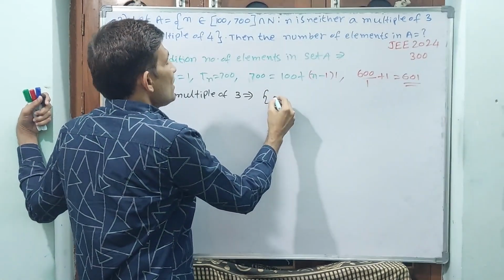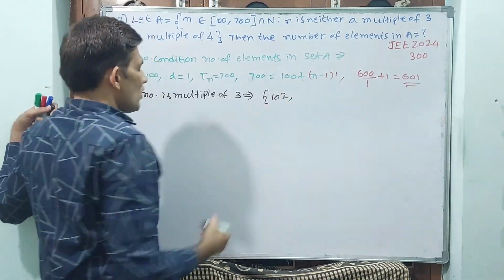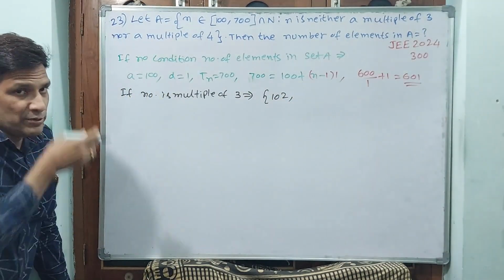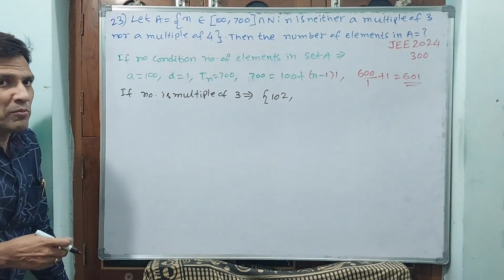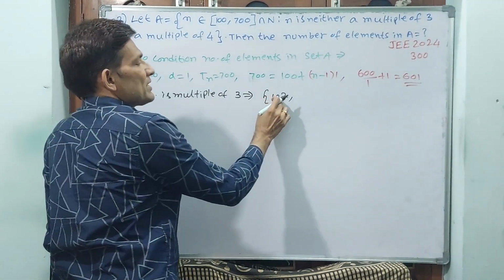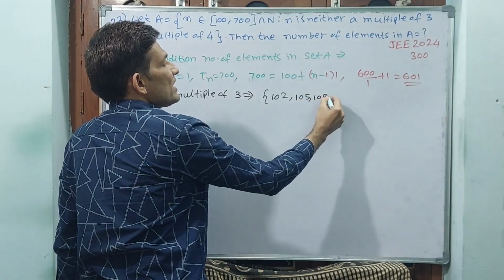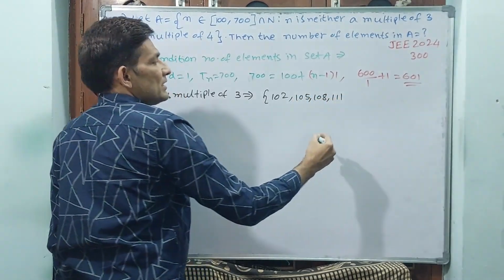Minimum, 102 you have to start. Why? Because 100 is not divisible by 3, 101 is also not divisible by 3. 102 is divisible by 3, because 1 plus 0 plus 2 is 3. Afterwards 105, afterwards 108, afterwards 111.